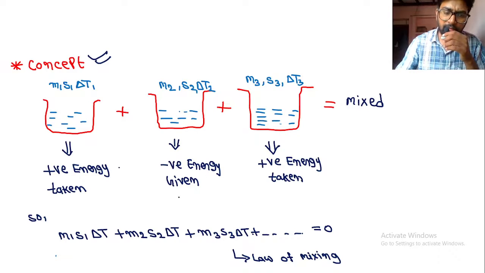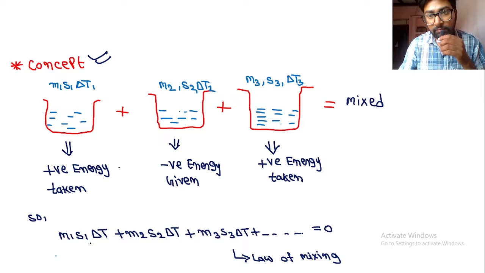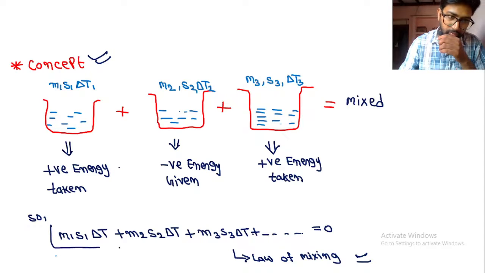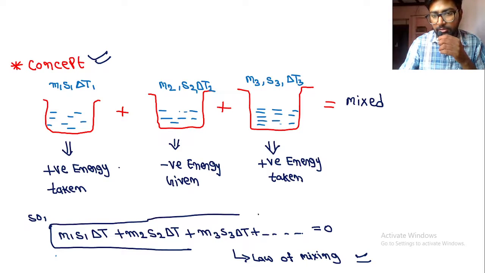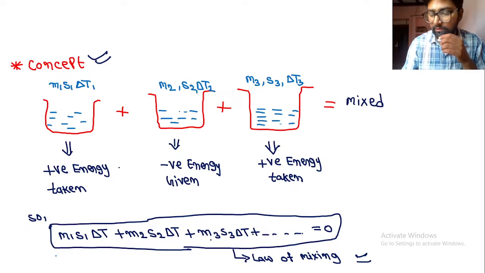So if we sum all the energy given and taken during mixing, we find m1 s1 delta T1 plus m2 s2 delta T2 plus m3 s3 delta T3 and so on equals 0. It is called the law of mixing. We have to learn this formula also, and remember it, as many numericals come in the examination.